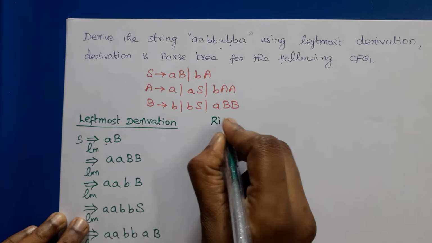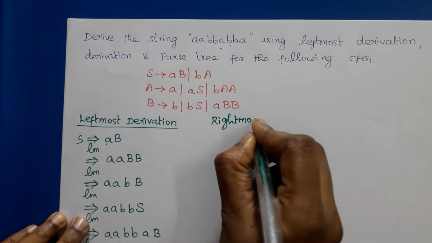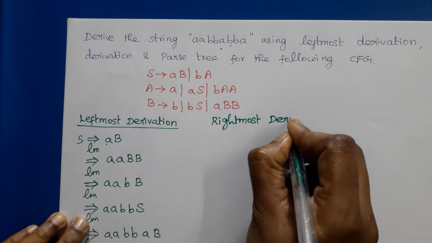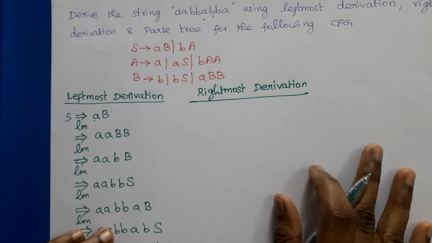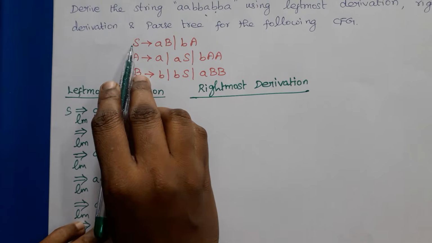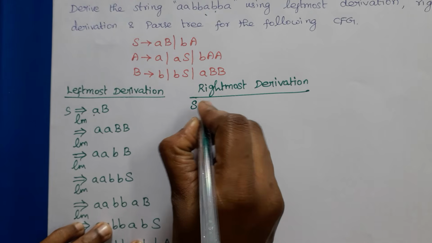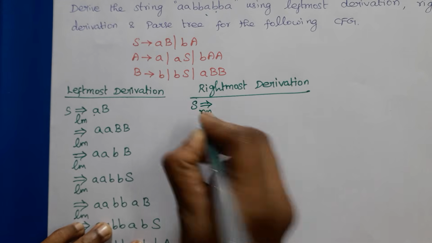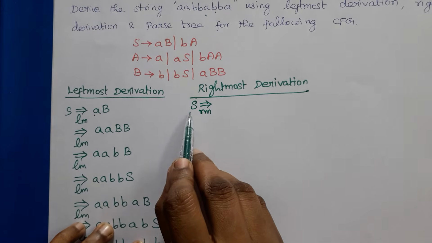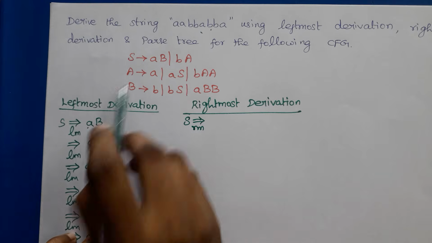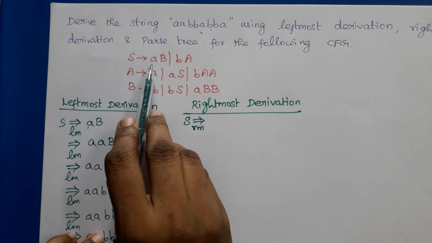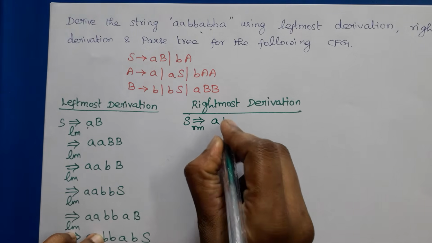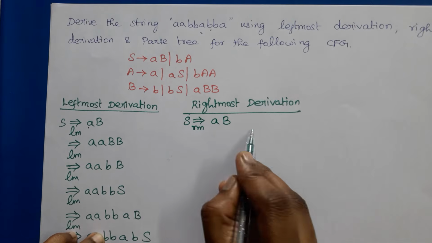Now we will construct the rightmost derivation. So we need to start with the start symbol of the grammar. So S. In rightmost derivation, here the rightmost variable is S. So it can be replaced by any one of the production bodies. Again we need A. So we have to replace S derives AB.